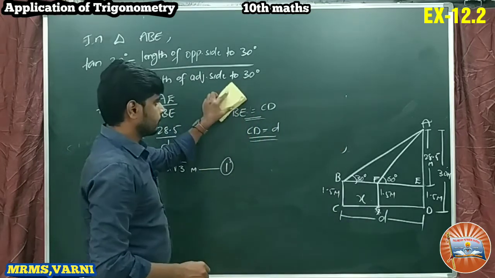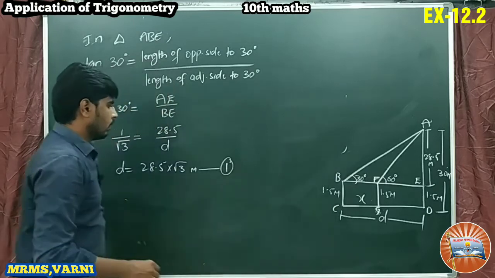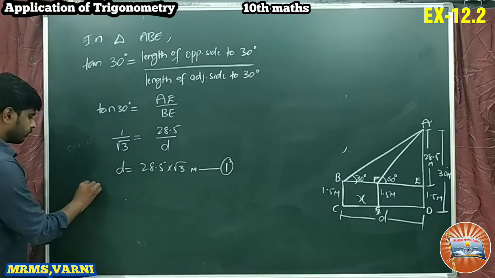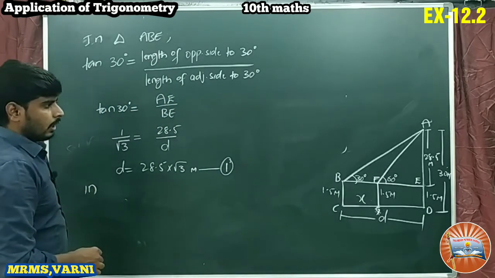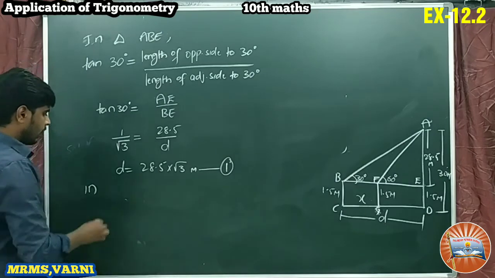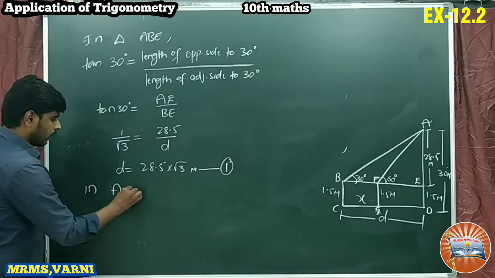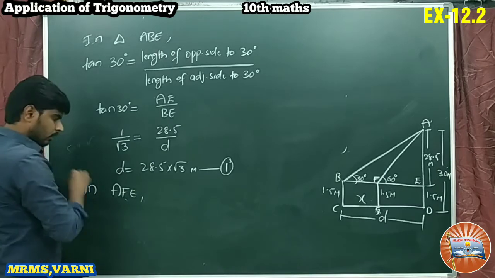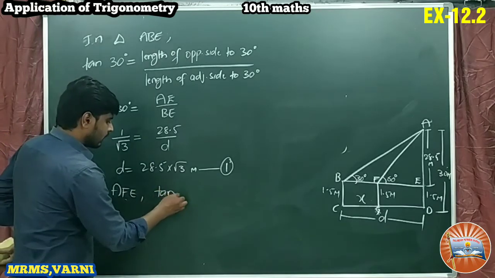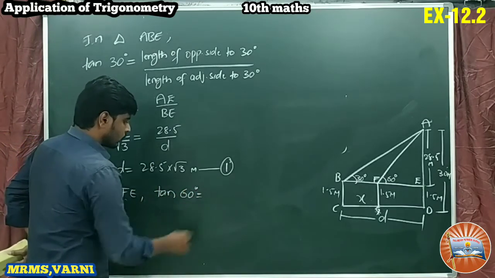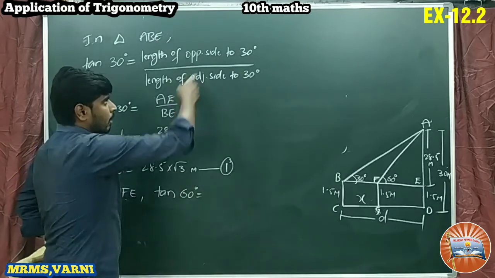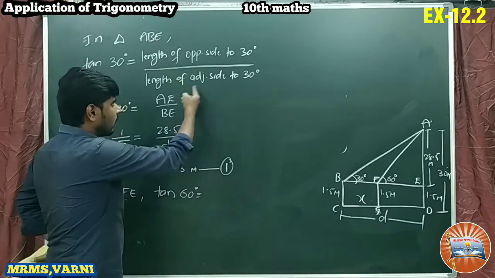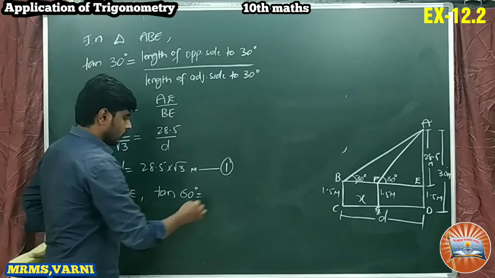Right, next. In triangle AFE, tan 60 degrees is equal to the length of the opposite side to angle 60 by the length of the adjacent side to angle 60.